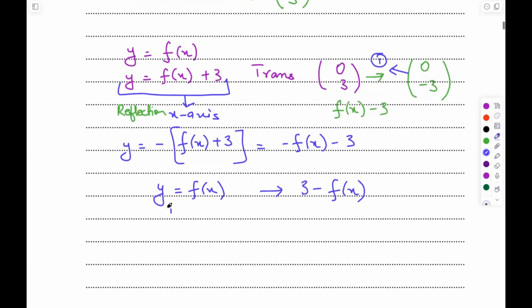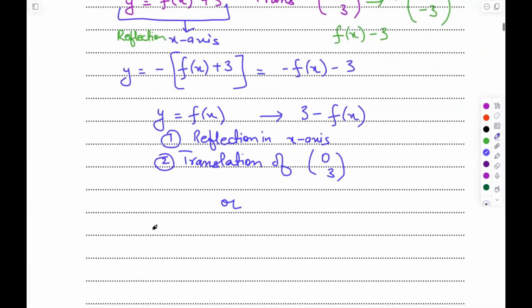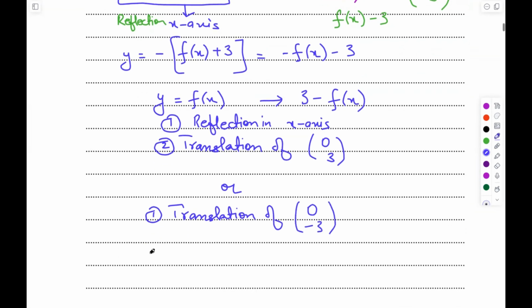So the order would be either we can write it as a reflection in the x-axis and then a translation of (0, 3), or we could have done first a translation, but in that case the translation would be (0, minus 3) and then a reflection in the x-axis. So either of these two would have been correct.